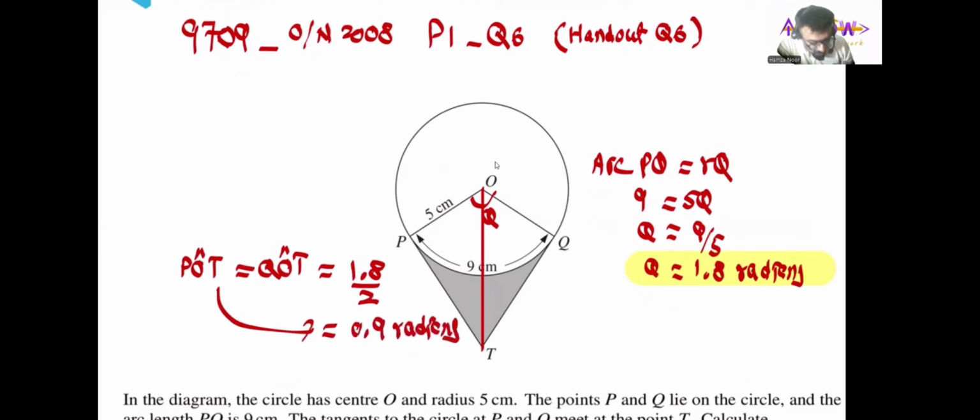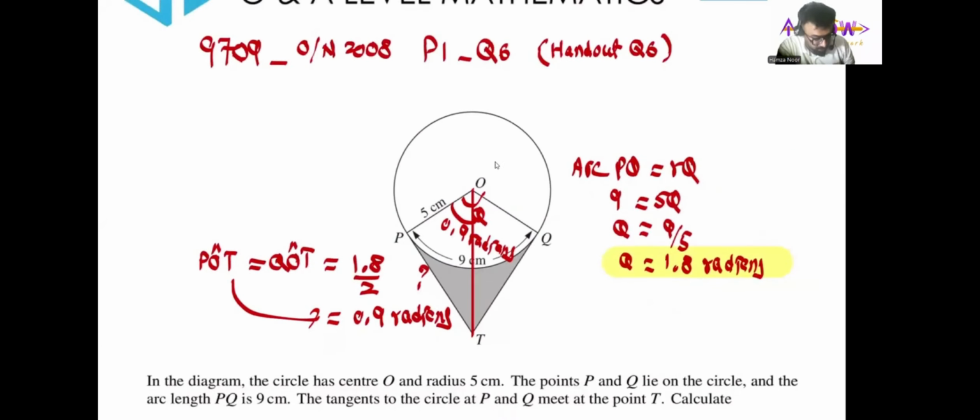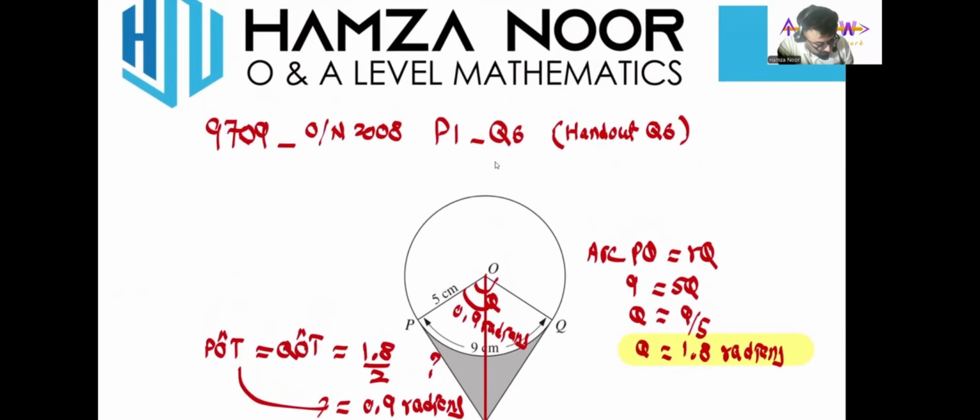As simple as that. So now we are going to consider this triangle POT, where this angle is 0.9 radians. The opposite side we need to find is PT, and OP is given to us, so we can use opposite over adjacent. Therefore, tan theta equals opposite over adjacent, meaning PT divided by OP length.